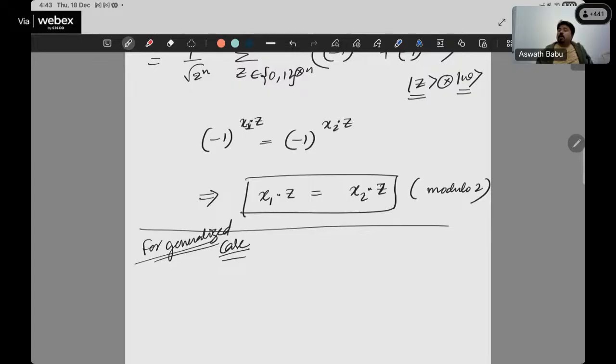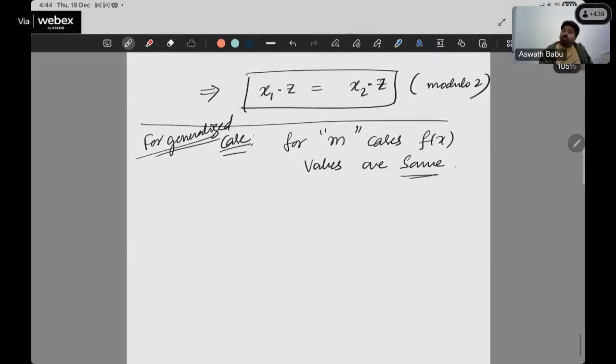Let's say for m cases, the f of x values are the same. In that case, what will I get? I'll get multiple equations. What are those equations?